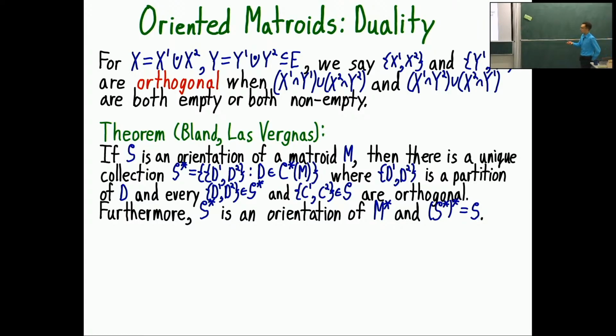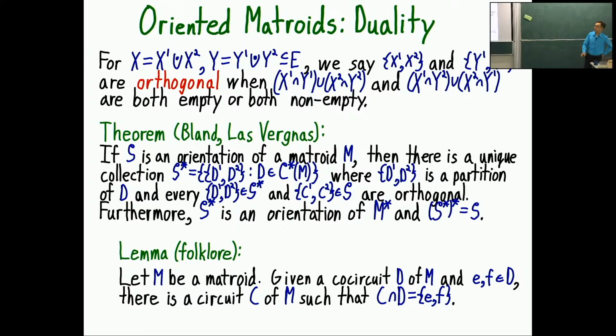And the reason for this, the very important lemma here, is the following. If you have a matroid and you have a co-circuit of this matroid and two elements in this co-circuit, you can find a circuit that intersects the co-circuit on exactly these two elements. You can see why. A co-circuit is the complement of a hyperplane, which means you can find an independent set that is one short of a basis of the matroid.